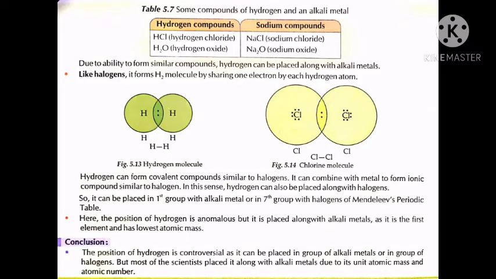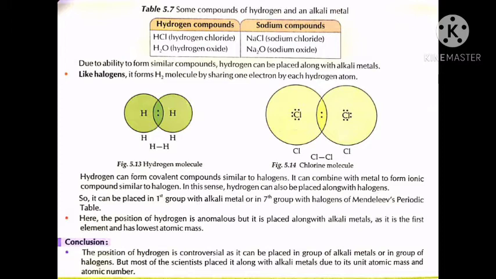Look at the table. Hydrogen compounds and sodium compounds are given. HCl, hydrogen chloride, and the sodium compound NaCl, sodium chloride. H2O, hydrogen oxide, and Na2O, sodium oxide. Due to the ability to form similar compounds, hydrogen can be placed along with alkali metals. Like halogens, it forms an H2 molecule by sharing 1 electron by each hydrogen atom.